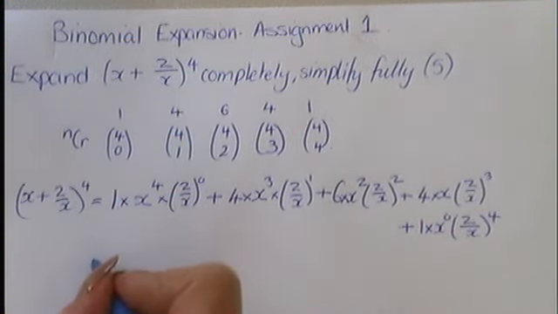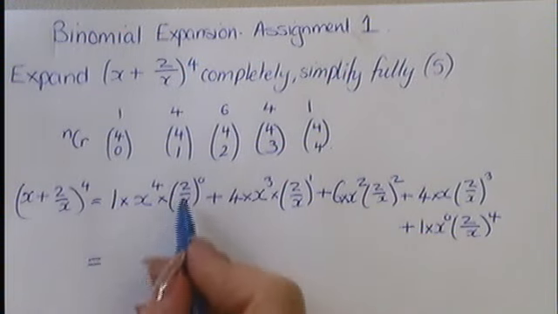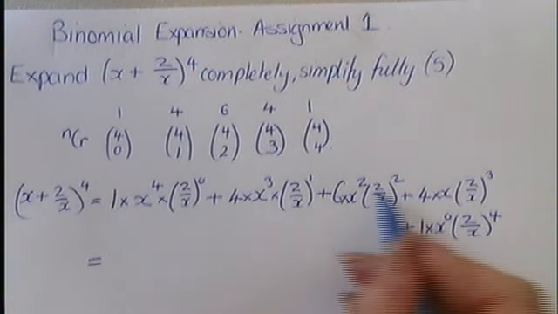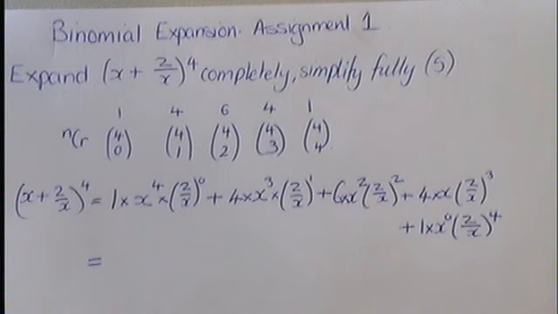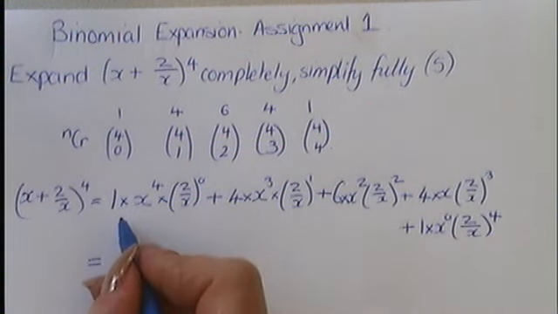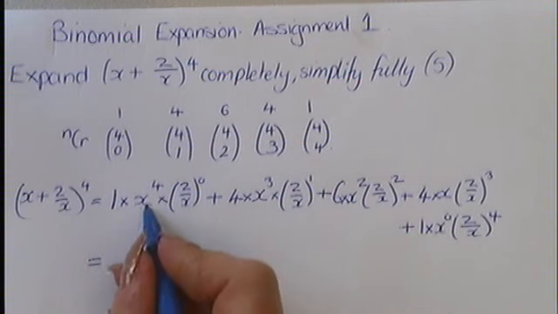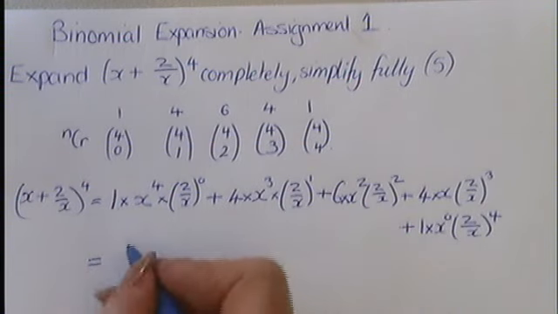Okay, we need to tidy this up a little bit, and we need to make sure we are expanding the whole thing in the bracket to the raised power. It's the most common mistake that is made, just to do with the x and not to do anything with the coefficient within that bracket. So we have, tidying it up with the first one, 1 times x to the power of 4 times 1.